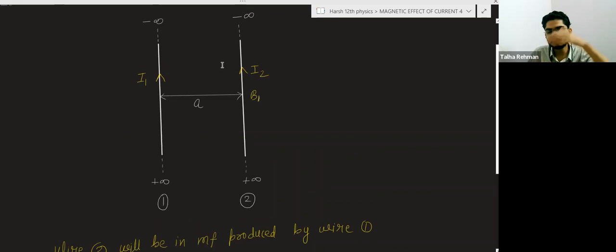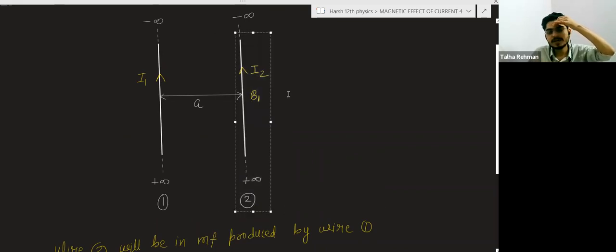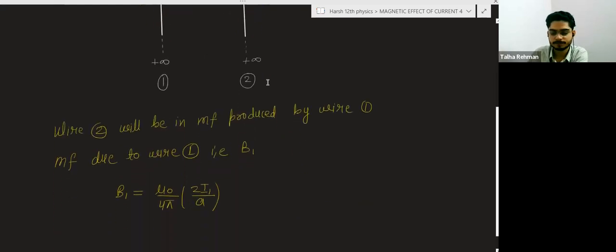So now focus on this wire. This wire is in the magnetic field B1, and this wire also has the current. So this wire 2 will experience the magnetic force.